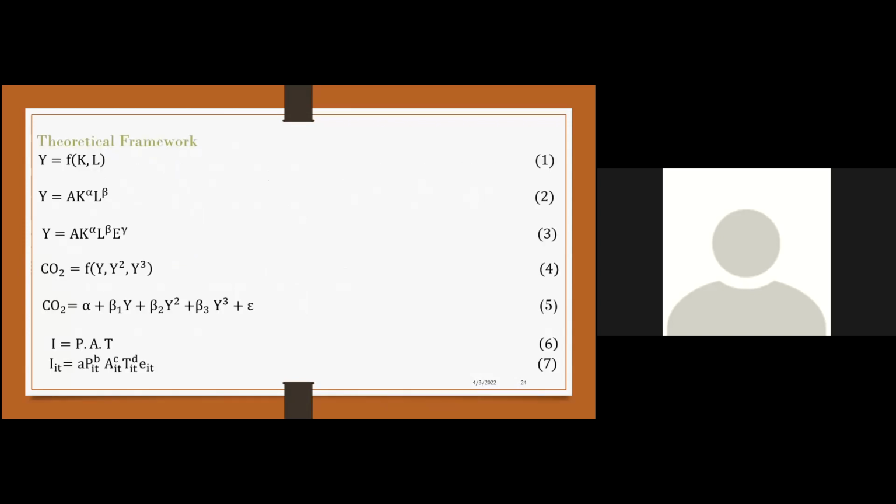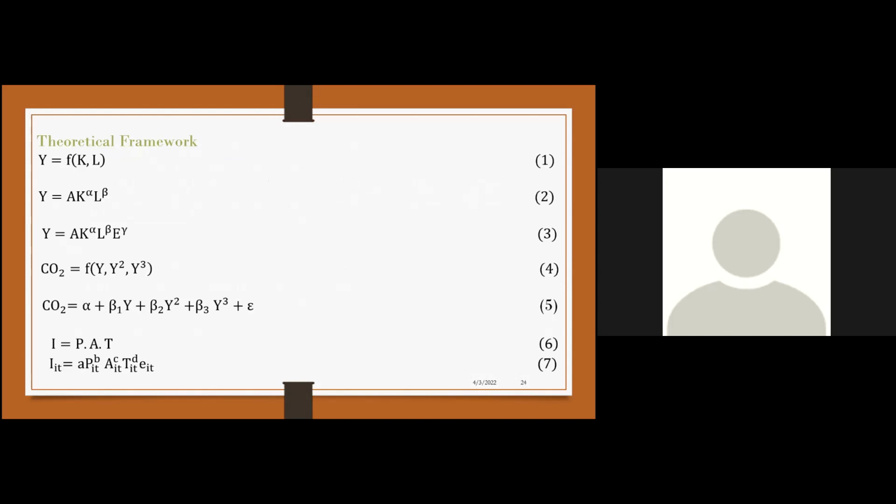So in terms of the theoretical framework, we start by understanding where our emission comes from. Emission basically comes through a production process. Therefore, we model the production process from the neoclassical framework: you produce a good by employing capital and labor.